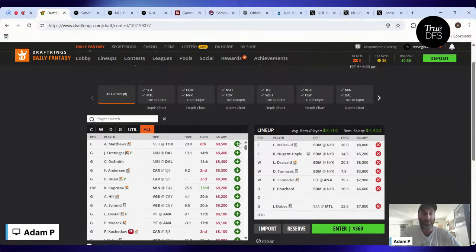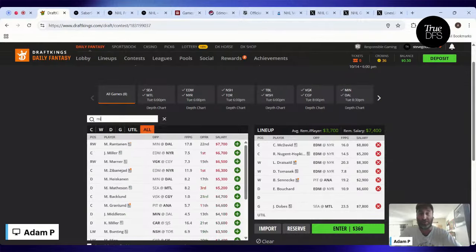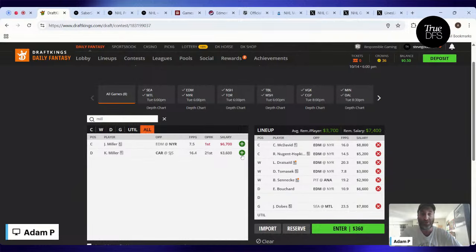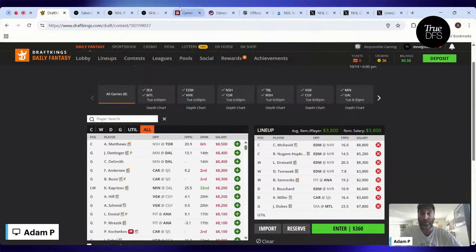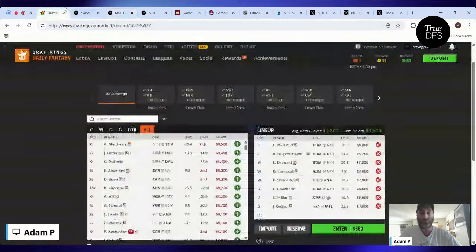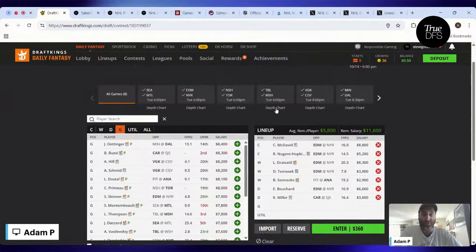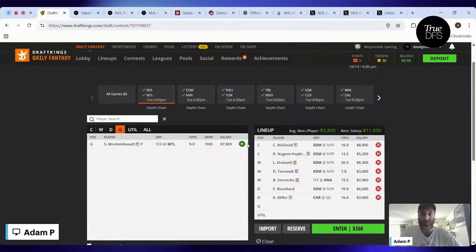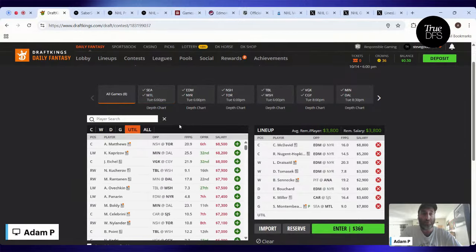This is going to be a chalky one-off, but I don't think it's a totally chalky lineup. You get K'Andre Miller in there, and then who's the best guy you could get for under 3,800? Dobes, but I don't think Dobes is starting for Montreal. I think it's Montembeault.